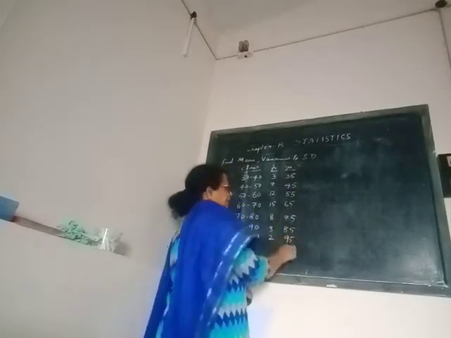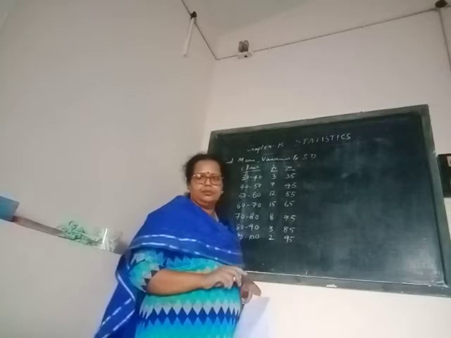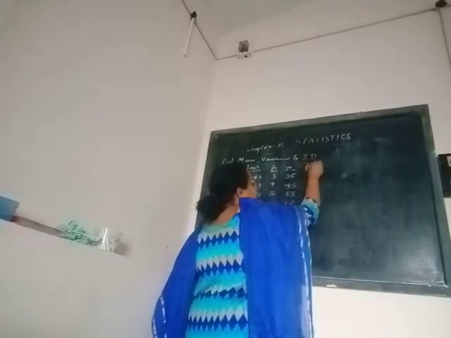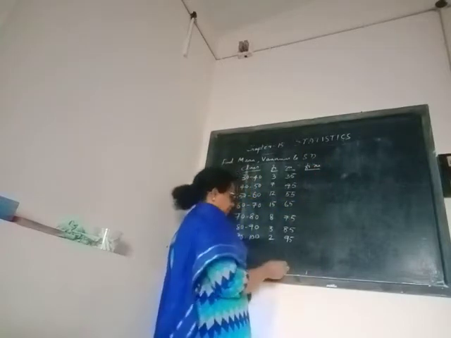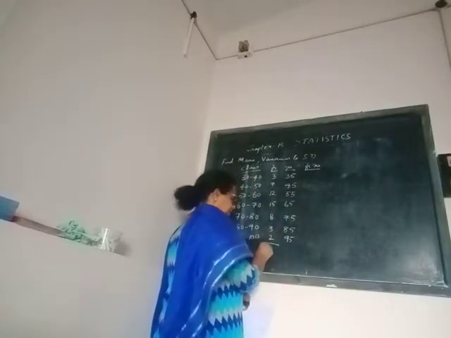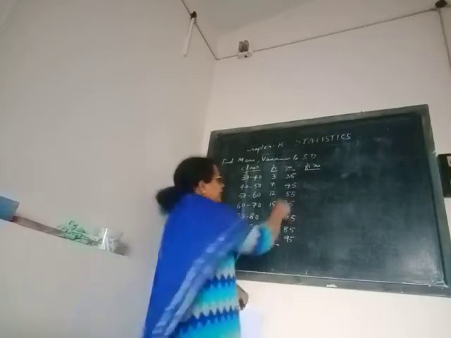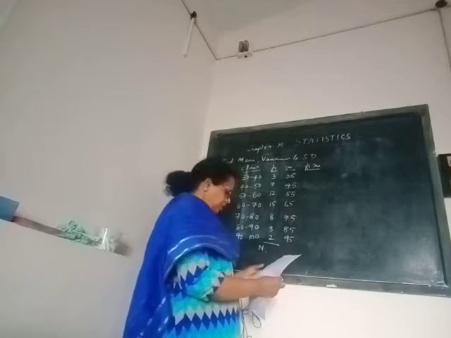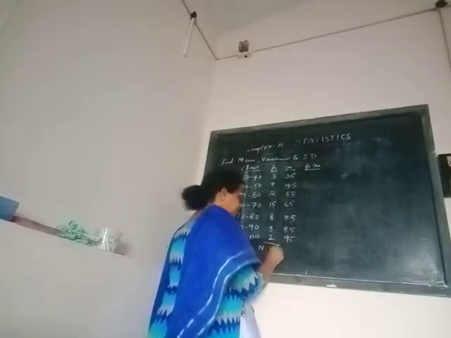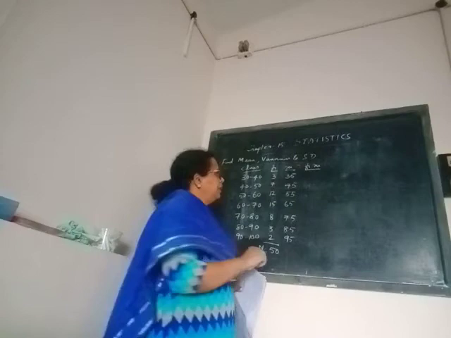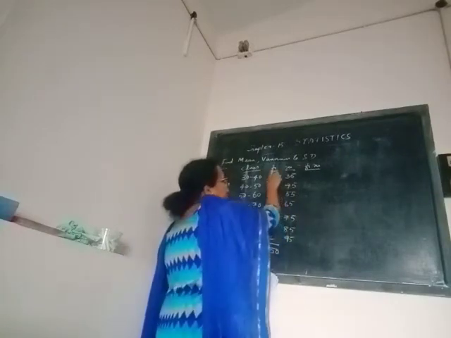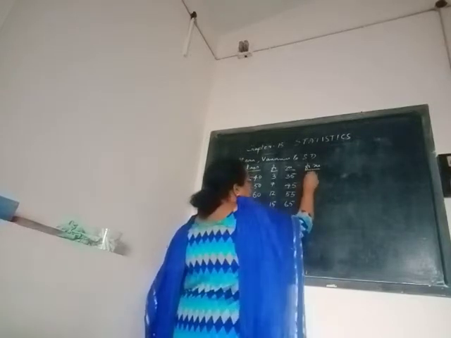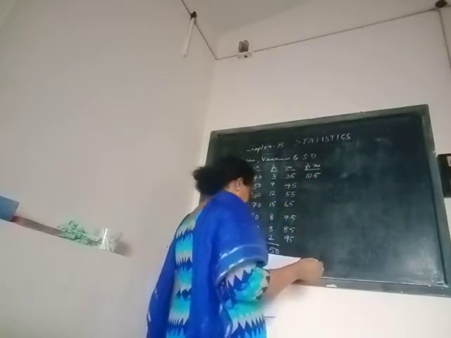Now we have xi values and fi values. I am using the second method. So the next column is fi xi. And we have to get n, big letter N. What is big letter N? Sum of frequency. Add the frequency column, you will get 50. So we got n as 50. Next column fi xi, multiply fi and xi. 3 into 35, 105.